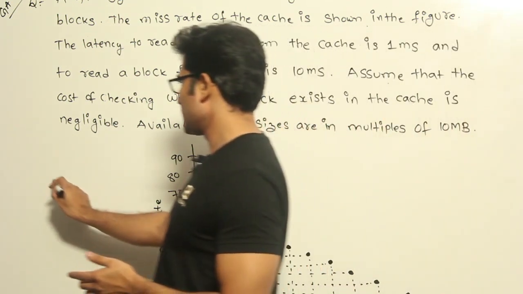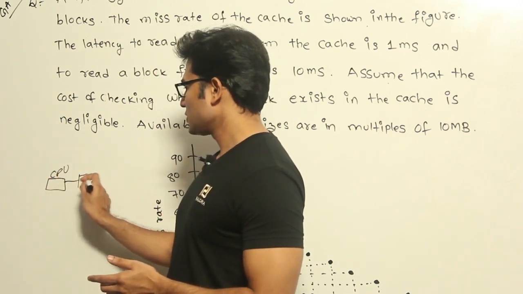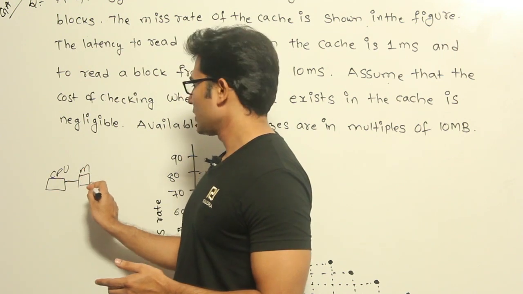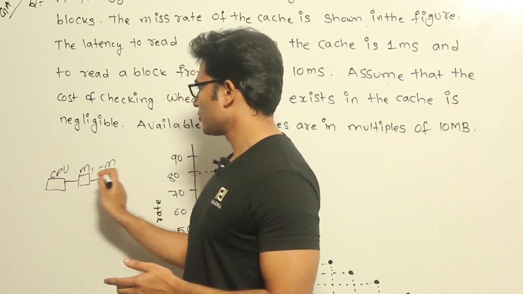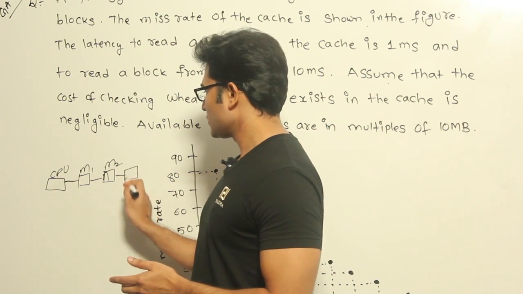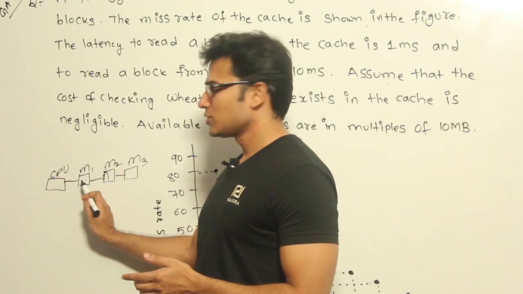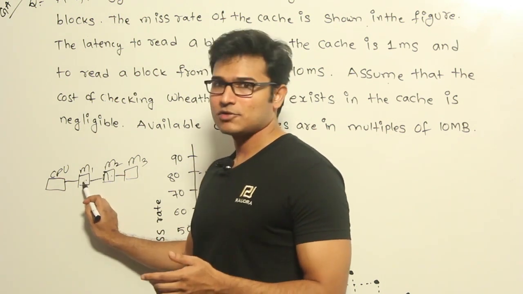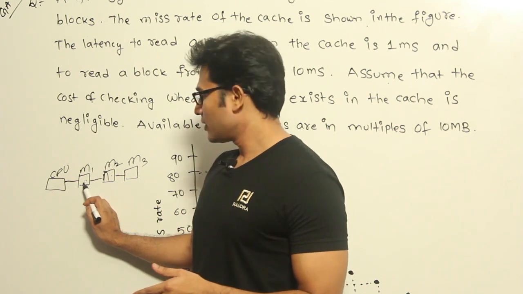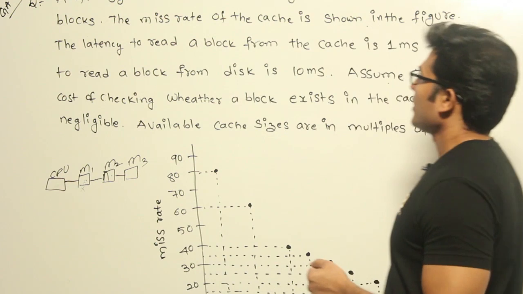If you have the CPU, and the fastest memory module here, then the second fastest memory module here, M1, M2, and then the third fastest memory module here, the CPU will check here first. If it is not present here, then it might go here, right? In that case, there might be some time associated with checking here. So they are saying that we shouldn't consider that time.